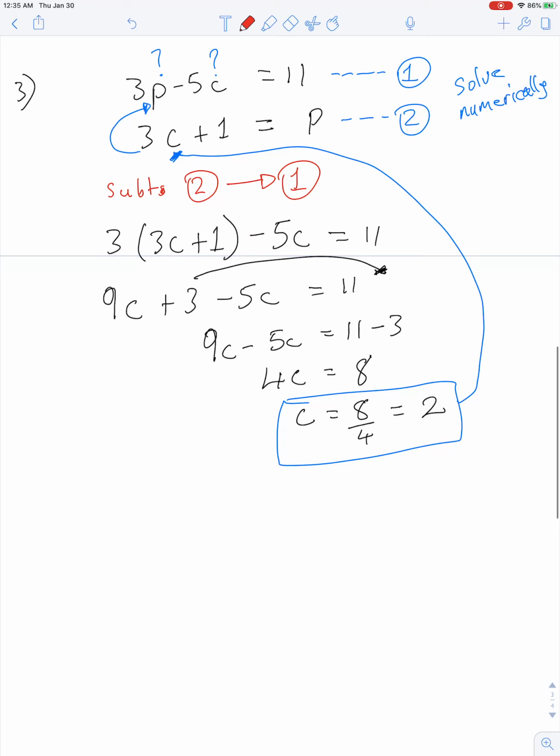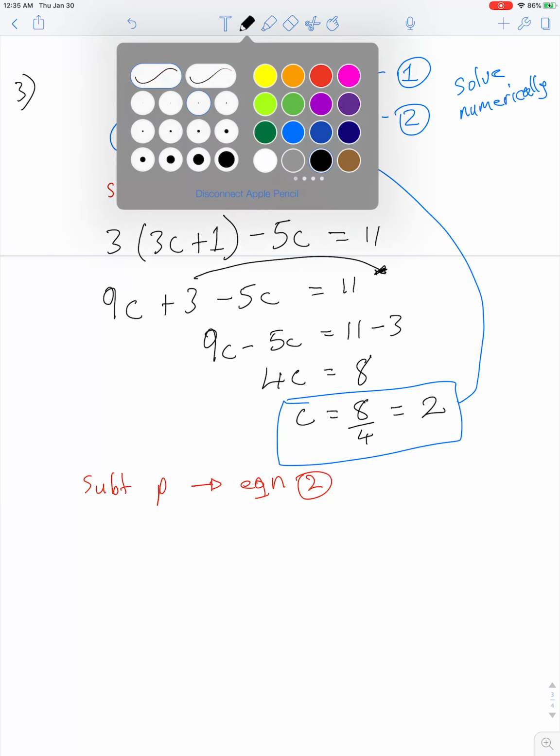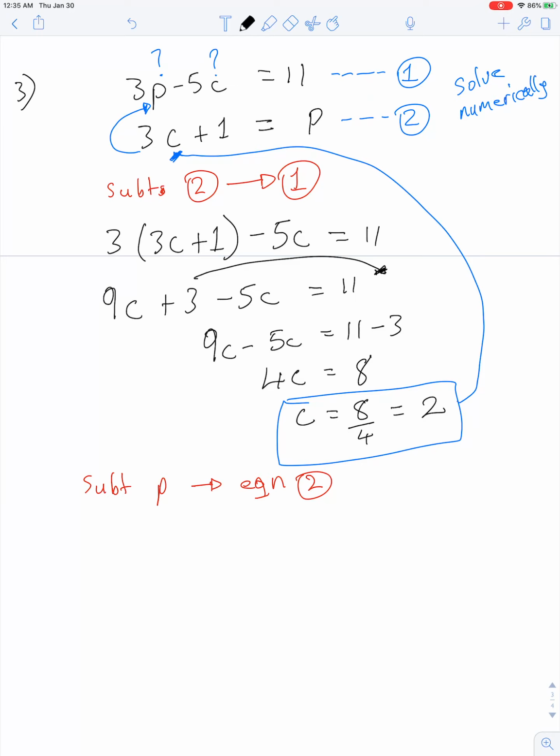So we substitute c into equation 2. That gives us, let's see here, 3 times 2 plus 1 equals p. So therefore p is equal to 7. Look at that. We're all done.